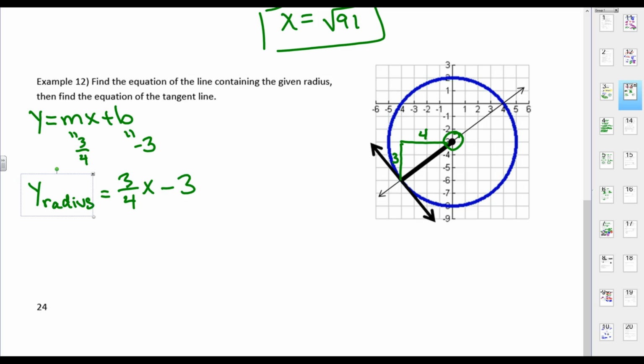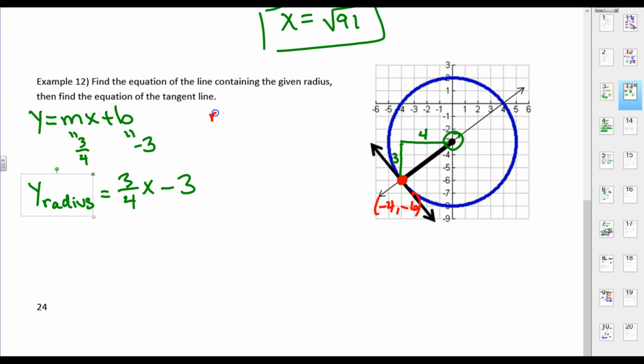Not too bad, right? Well, our tangent line is going through the point right here. I want to change colors to red. The point right here, -4, -6. And we know that tangents are perpendicular to their radii.